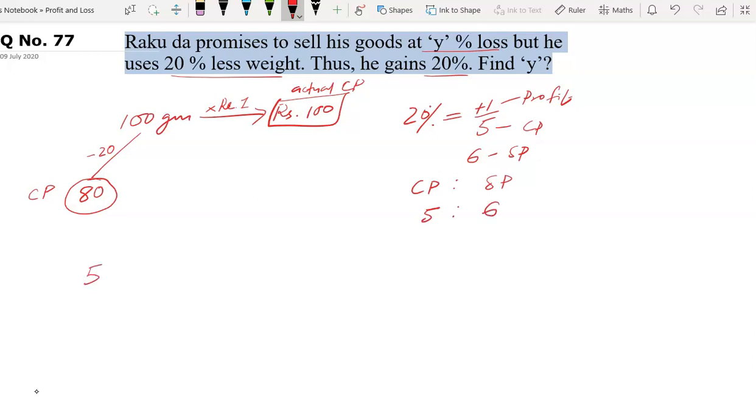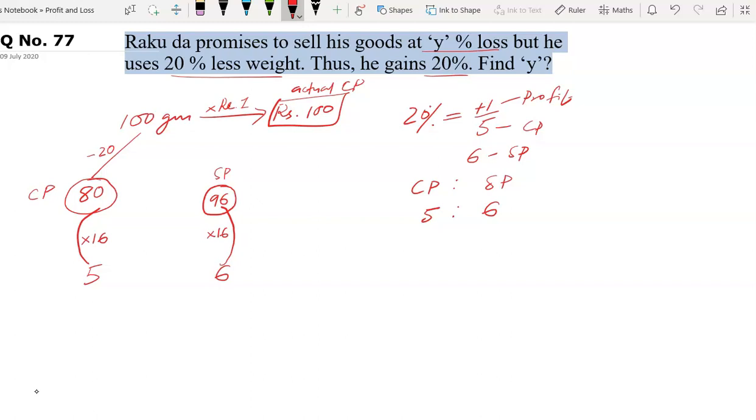So CP is 5 units and SP is 6 units. Now 5 unit represents 80 rupees. So 5 into 1 unit will represent how much? 80 divided by 5, or let's say 5 into 16 will give us 80. So 6 unit will represent how much? 6 into 16 will give us 96. And this is our SP, selling price.